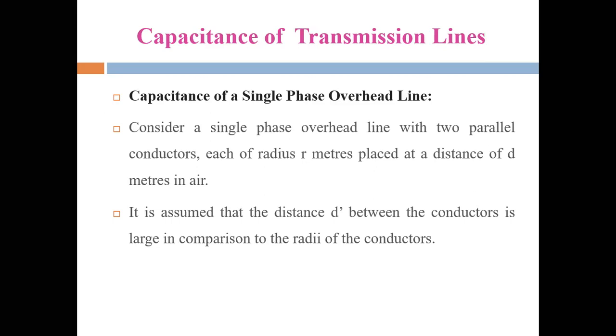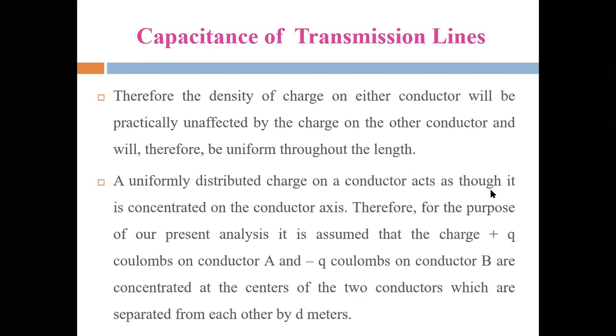It is assumed that the distance d between the conductors is large in comparison to the radius of the conductor. That means we are taking two parallel conductors, and the distance between them is large compared to the radius. Therefore, the density of the charge on either conductor will be practically unaffected by the charge on the other conductor.